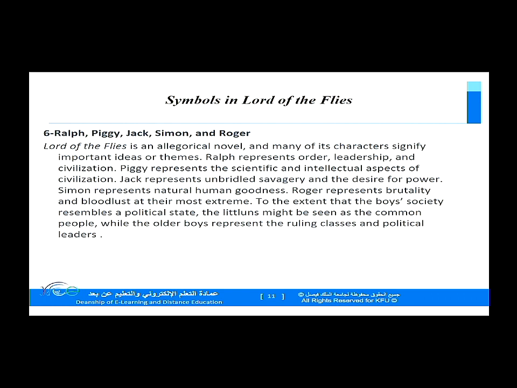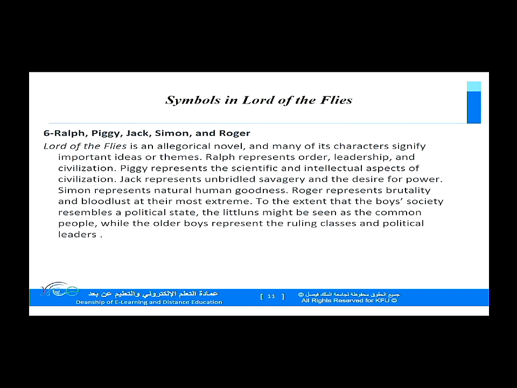So if we take the group as a representation, we will see that Roger represents brutality and bloodlust at their most extreme. To the extent that we see this society as a political state, we will see that the little ones represent the common people, people who don't know, right? They just follow, right?